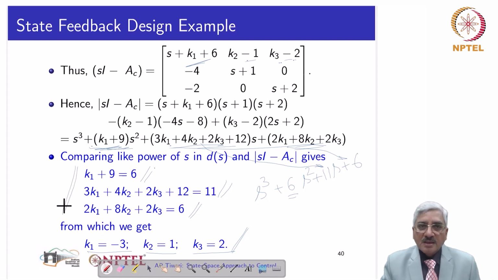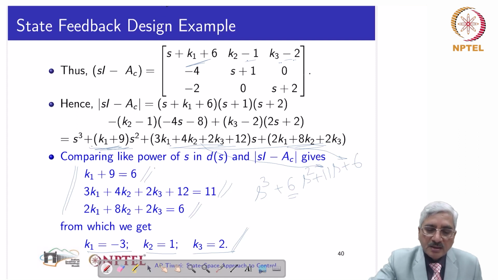N is the number of gains to be obtained and also the order of the system, and so n equations can be uniquely solved for n gains. It gives a unique solution, and so this solution gives the control law which will achieve the poles at the desired locations. So this is how the design can be carried out.